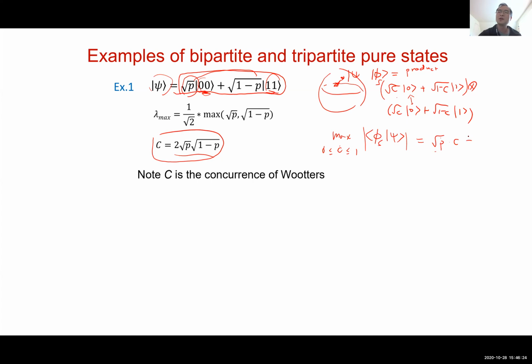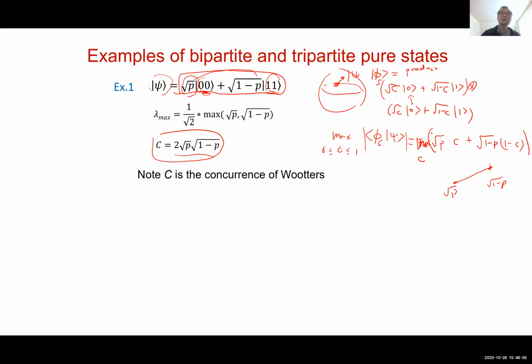And the 1,1 would have the coefficient 1 minus c. I forgot, I need to write maximize over c, because this is a linear combination in a segment. Depending on which one is bigger, the maximum point would be at one end. It's either c equal to 0 or c equal to 1.